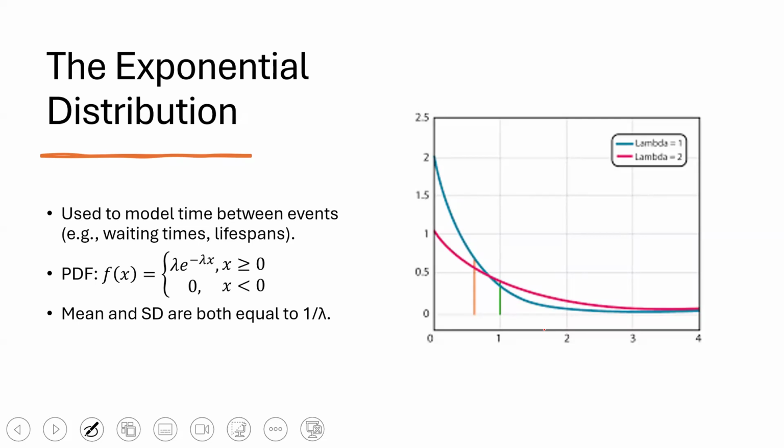So our formula is lambda times e to the negative lambda x, where lambda is the rate. And this is only true for positive values. If x is negative, then it's 0. The mean and standard deviation are both 1 over lambda.